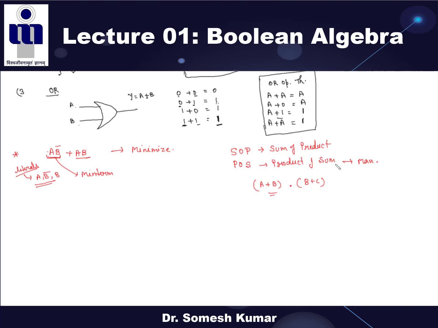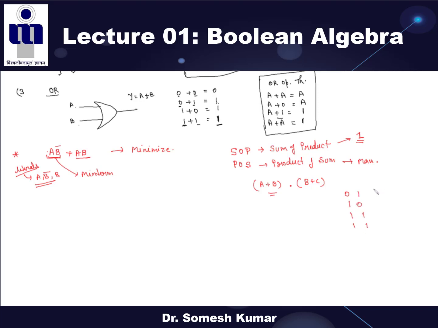What is the meaning of min terms? Generally, the SOP form is used when the output of that expression is 1, right? I will tell you the exact meaning of these things. For example, there is a truth table 0 1 1 0 1 1 1 1.